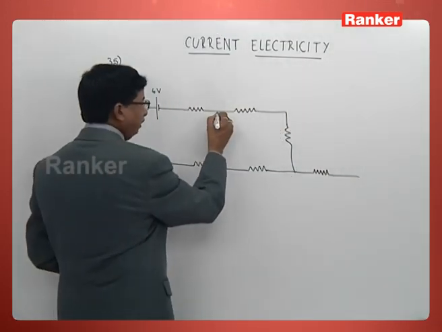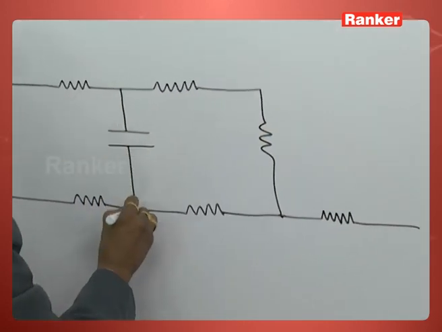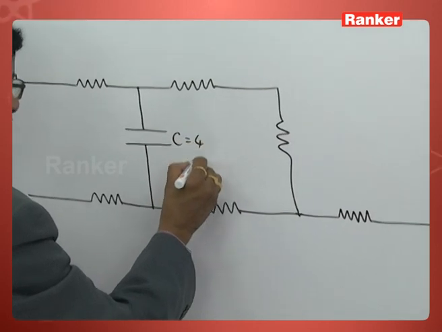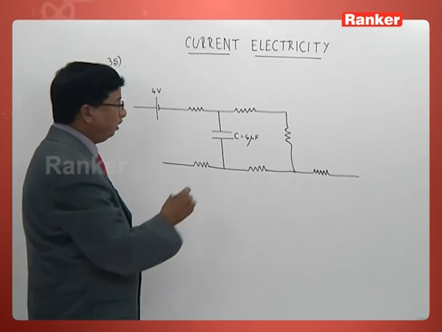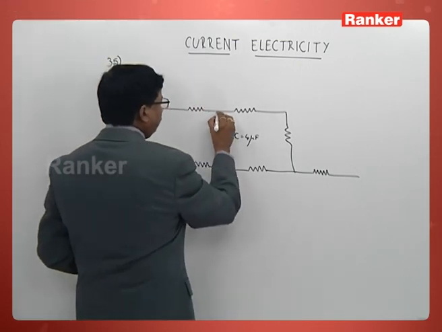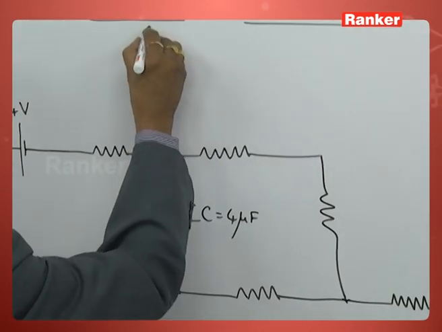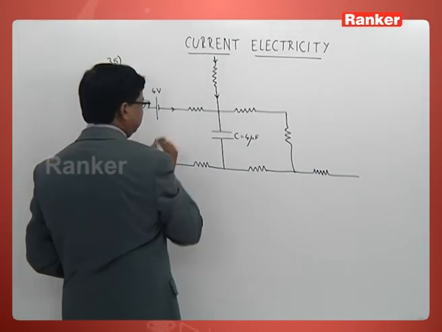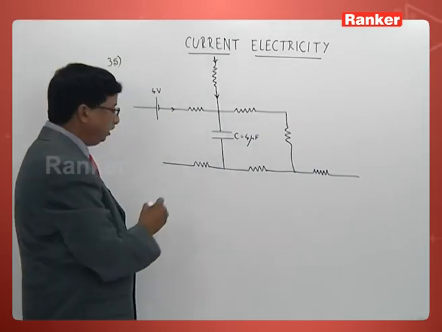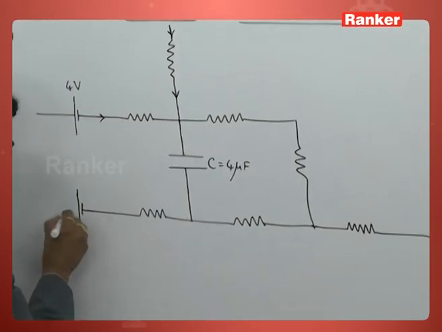And he has just connected a capacitor C of 4 microfarad across these 2 points. And one more resistance is connected over here this way. And he has shown us the direction of current like this. And there is one more capacitor, this one cell, which is connected this way.